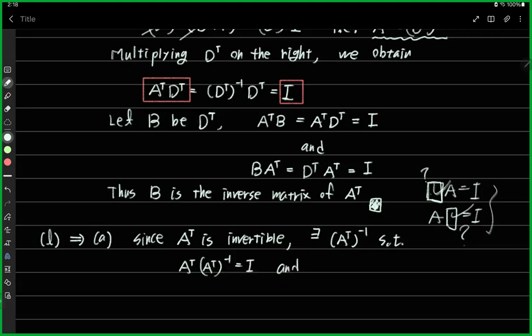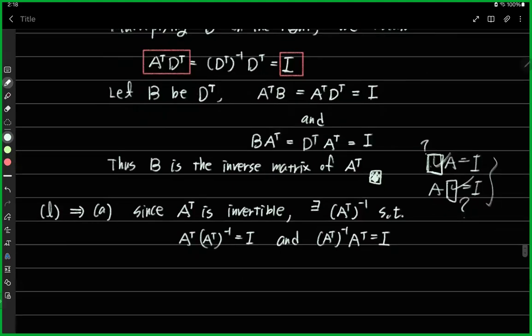And A transpose inverse times A transpose equals I. Okay. Since A transpose is invertible, there exists the inverse of A transpose. I know what that is. Actually, B, right? But okay, anyway.